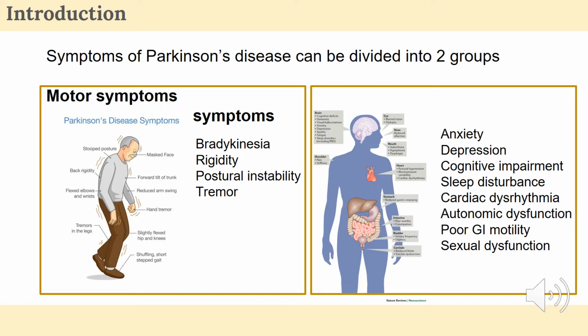And non-motor symptoms can be many things from head to toe, as you can see here on the slide. They range from psychiatric symptoms like anxiety, depression, cognitive impairment, and sleep disturbance, to other systems like cardiac arrhythmia, autonomic dysfunction, poor GI motility, and sexual dysfunction. So it can be from head to toe.